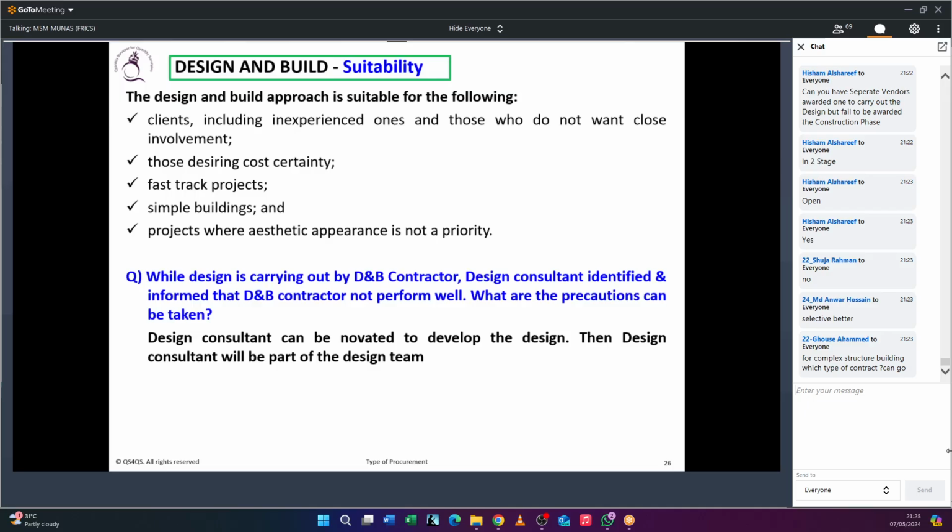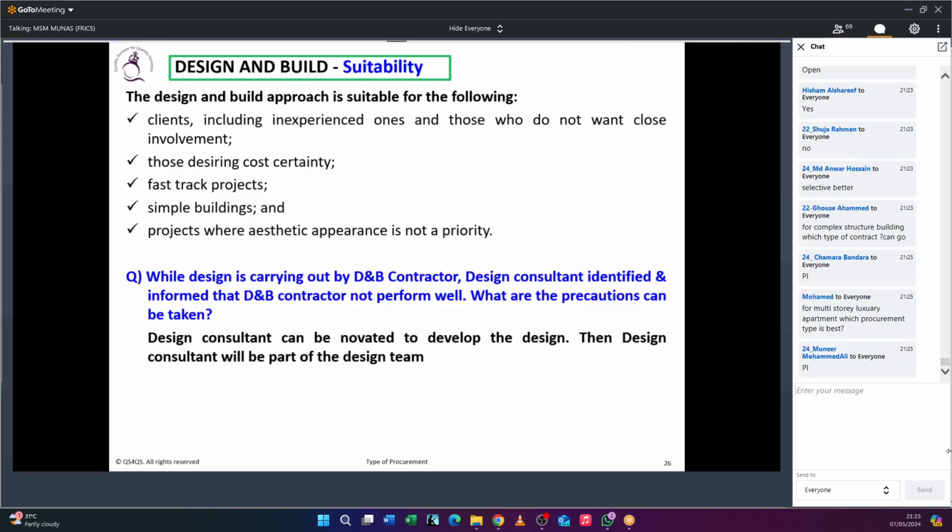Can you explain this kind of methodology? Yeah, sometimes if the contractor is entering the design and build procurement route where he doesn't have the design team, they can go for a third party consultant, because when you are entering the design and build procurement route, one more insurance will be added. Do you know what kind of extra insurance you need if you want to perform the design?